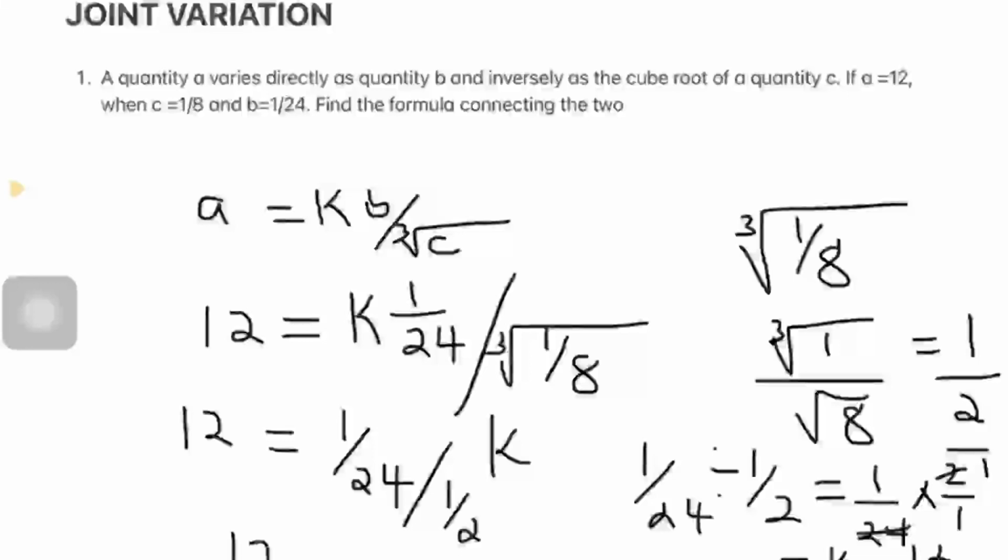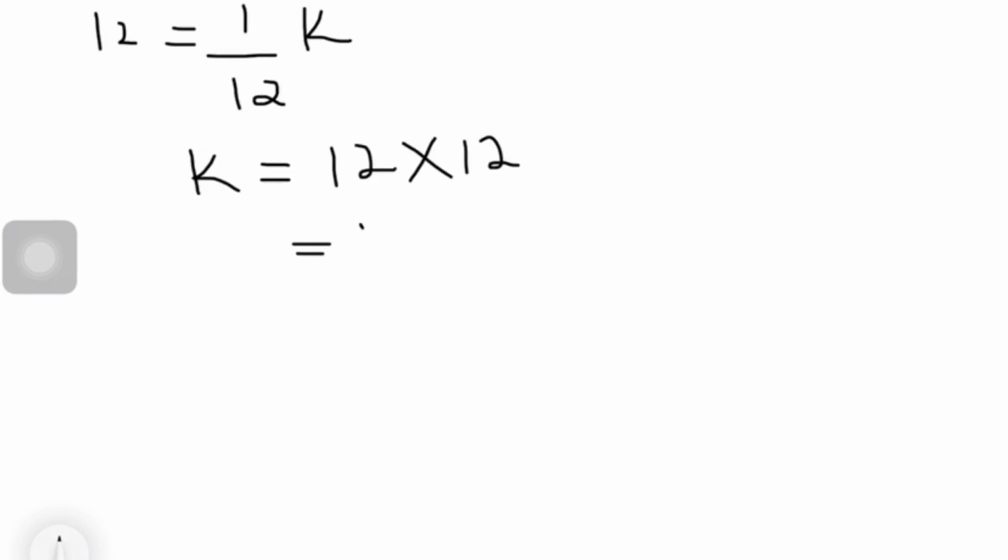So here we have 12 is equals to 1 over 12 K. Can we find the value of K from here? Yes. We just cross multiply 12 by 12, which is equals to 144. So we have our constant of proportionality is 144.